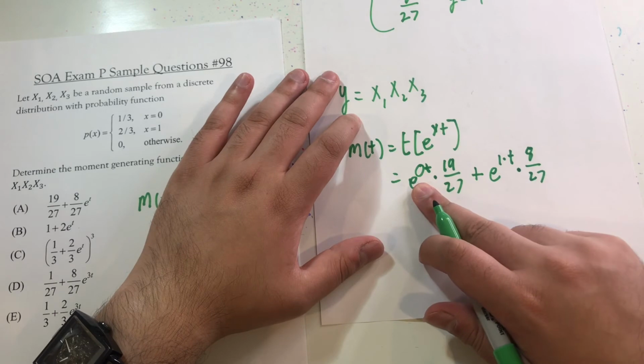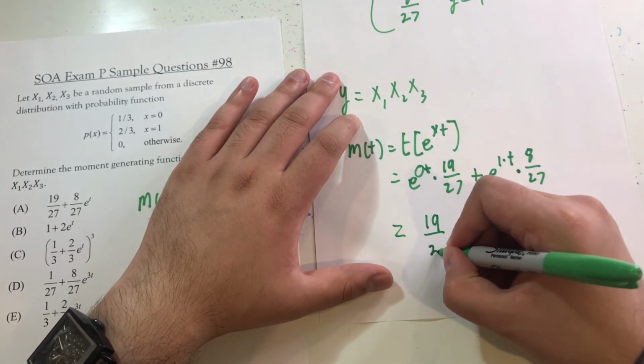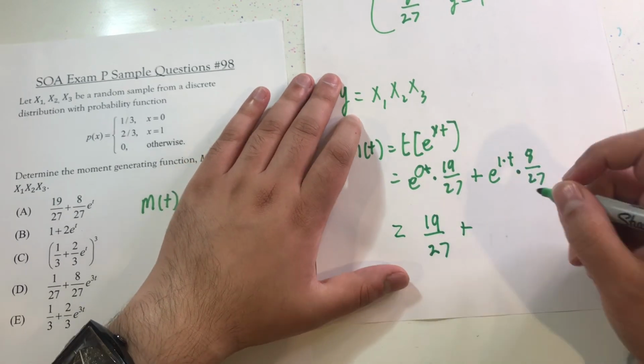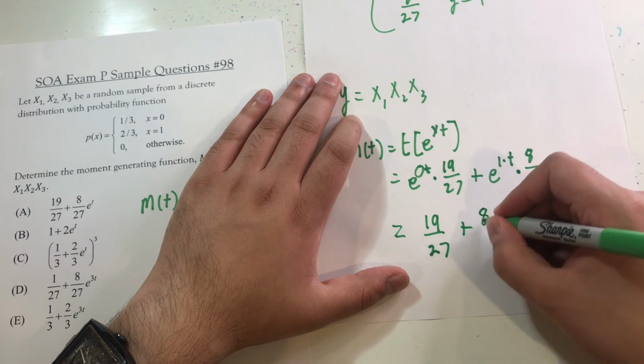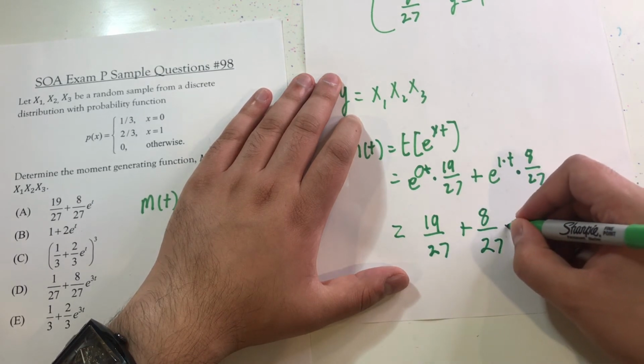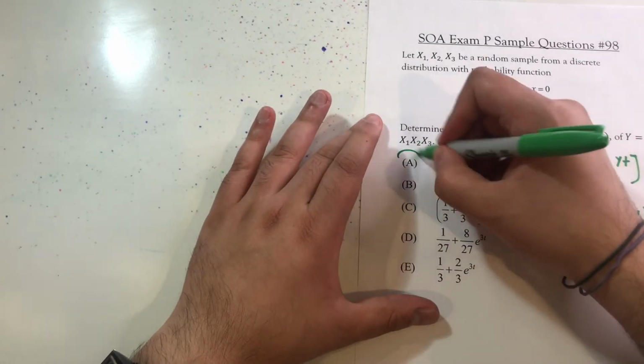Obviously e to the 0 is 1, so that's equal to 19 over 27 plus 8 over 27 multiplied by e raised to the t. And that very clearly lines up with answer A.